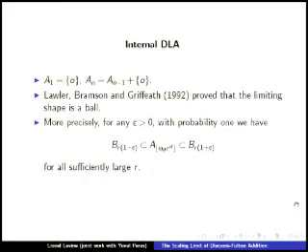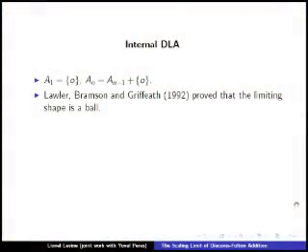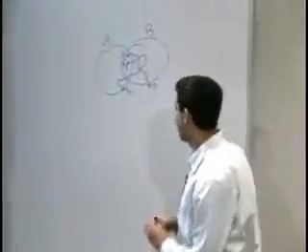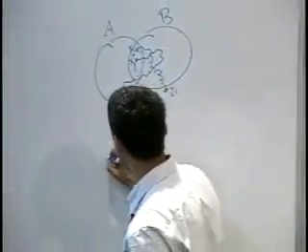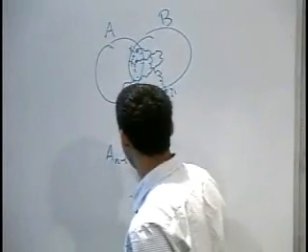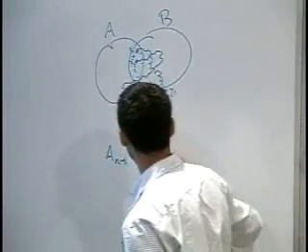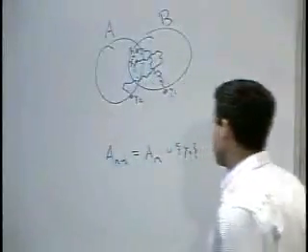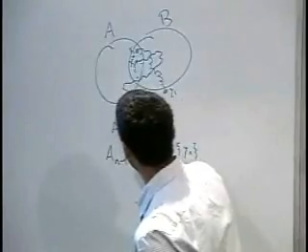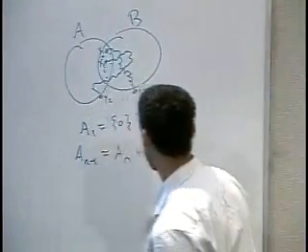Can you explain the process again? What is the model? The process. Yeah. So we're going to start with the set A1, which just consists of the origin.